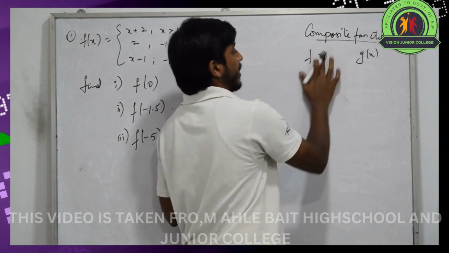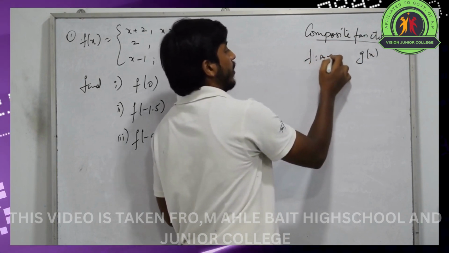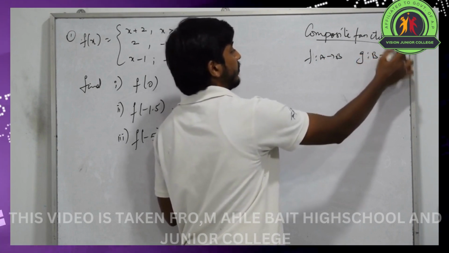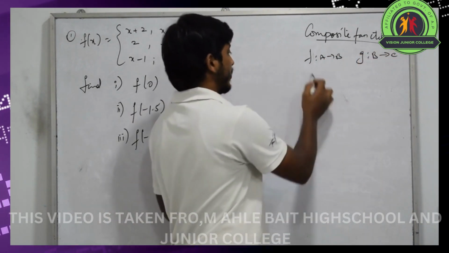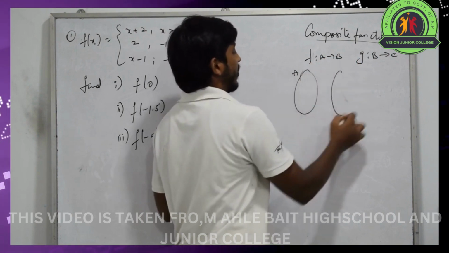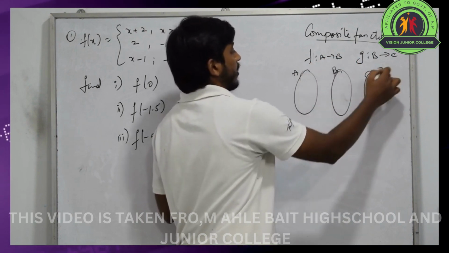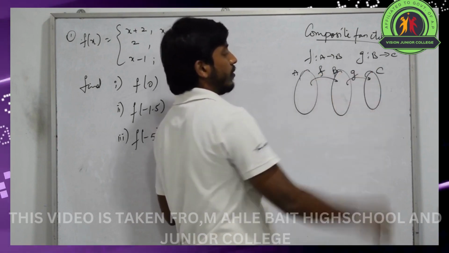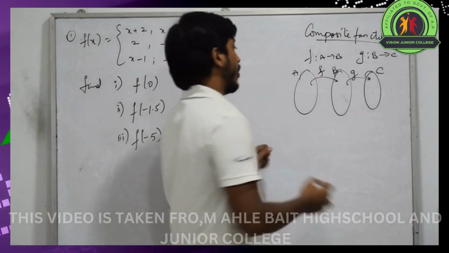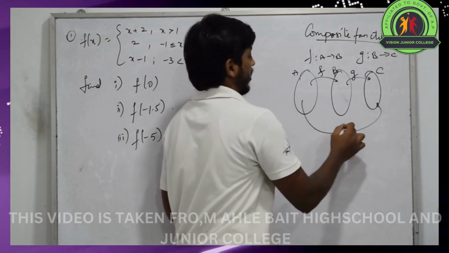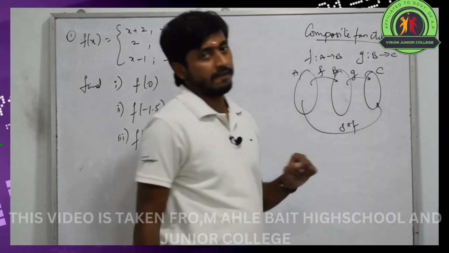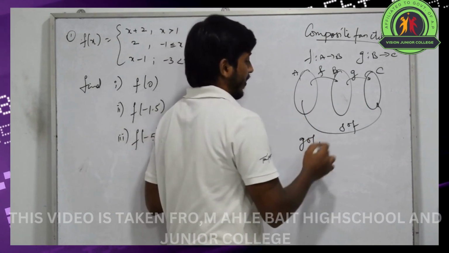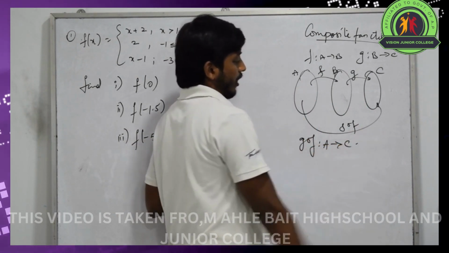Let us say f maps from A to B and g maps from B to C. Then the composite that maps from A to C is g of f.